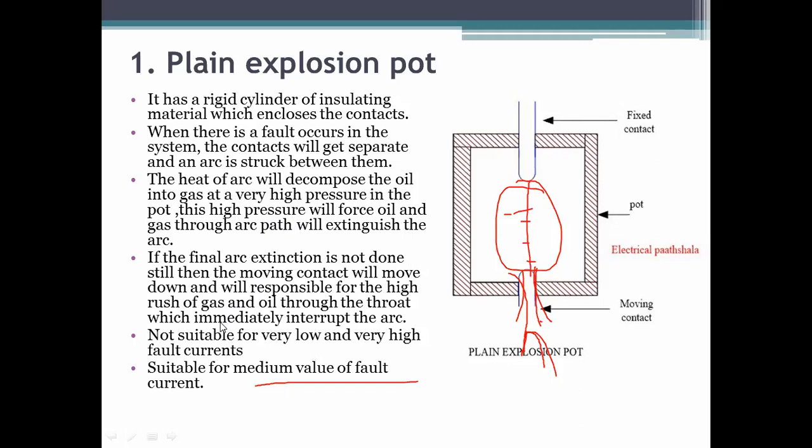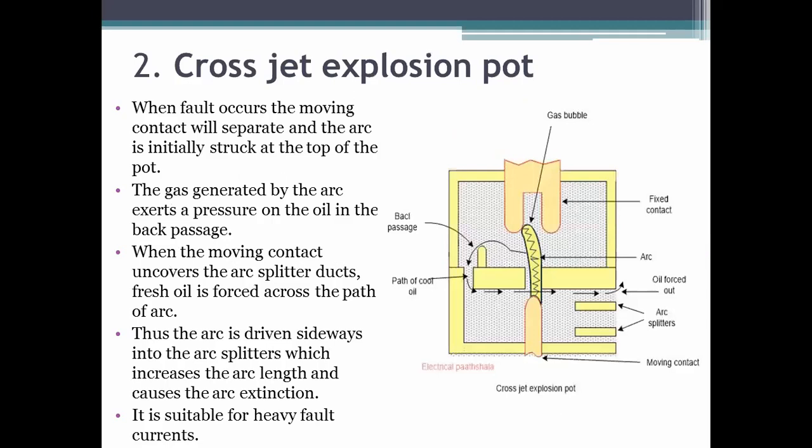Then the second type of the self blast circuit breaker is the cross jet explosion pot. In this cross jet explosion pot, just see here, again there is a pot. But why is it called the cross jet explosion pot?